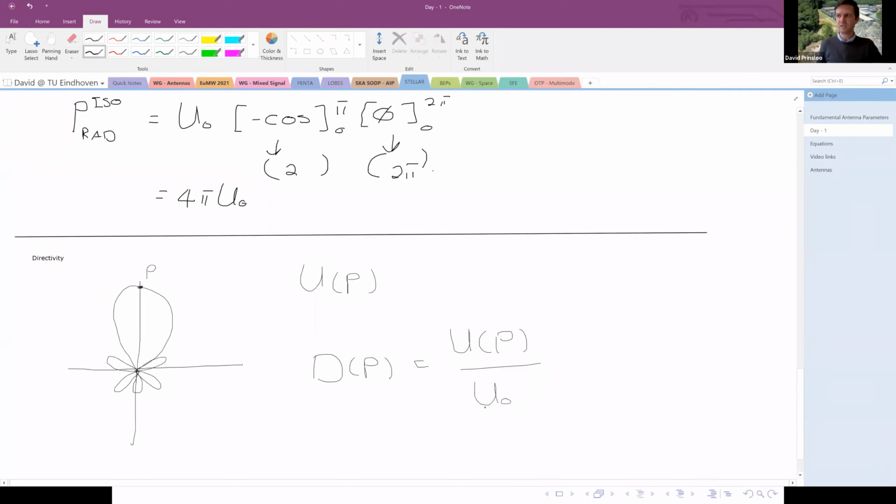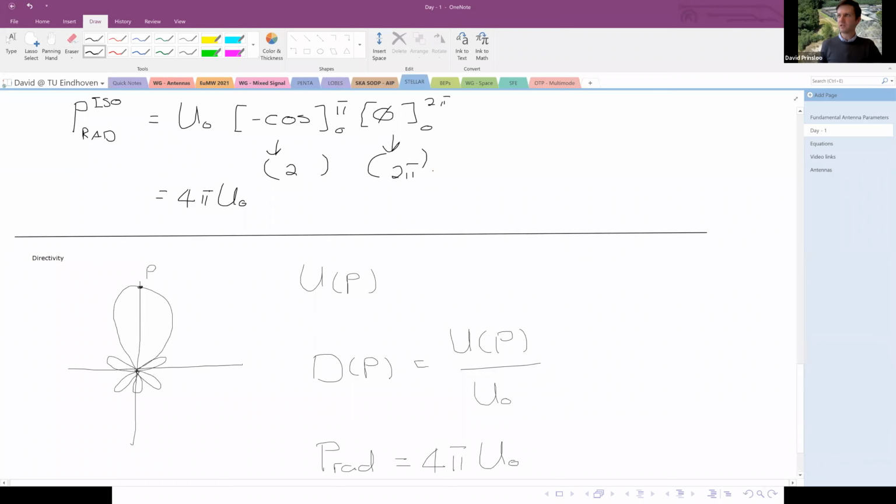Well, the simple way is we first integrate the radiation intensity of the antenna to solve the total radiated power. So we first solve P rad. Once we have that, we know that P rad is equal to 4 pi multiplied by this isotropically radiated power.